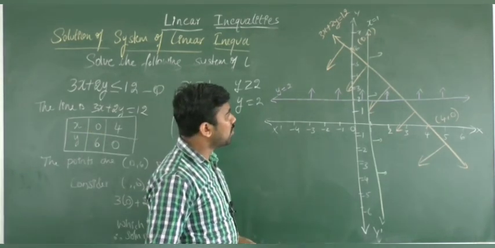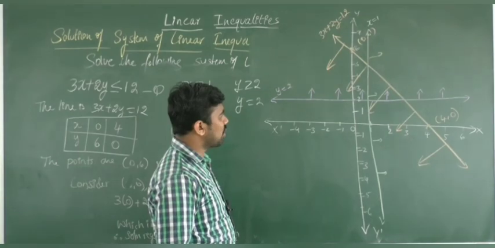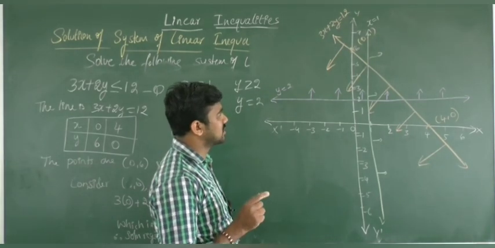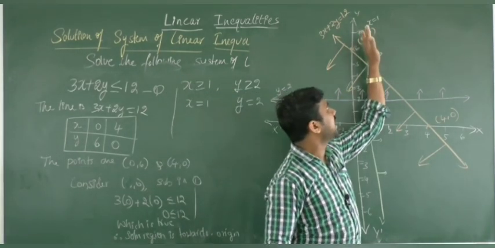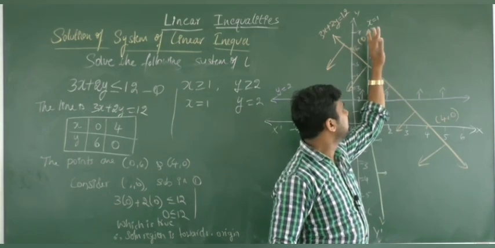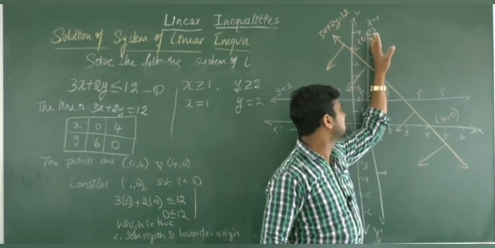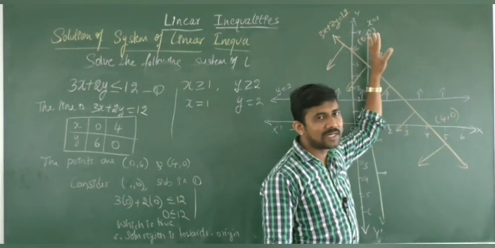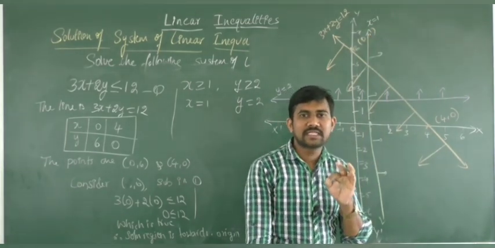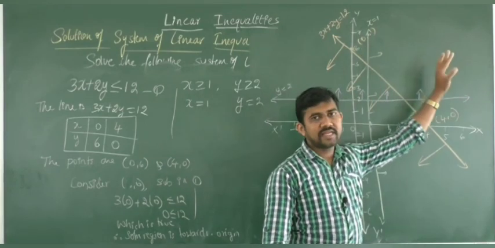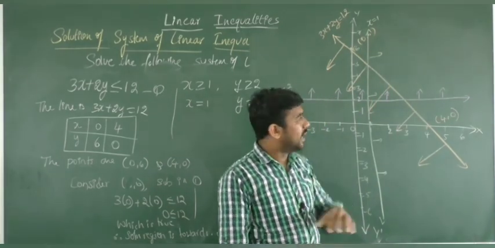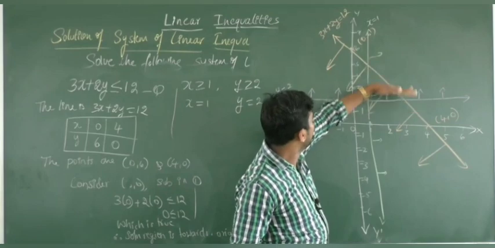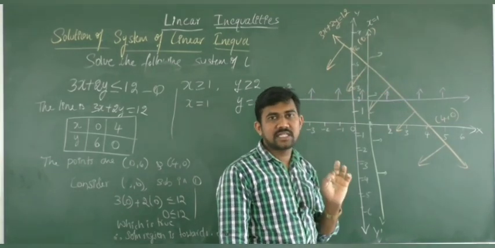Now you have to observe the common solution region. Where is the common solution region? Where it intersects. Here you can observe x equal to 1 is a restriction for the solution region. The solution region is on the right side only. The common solution region will be on the right side of x equal to 1, and similarly the upper side of y equal to 2 is a restriction.